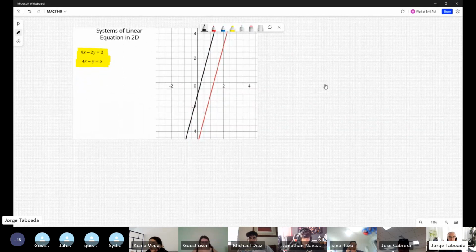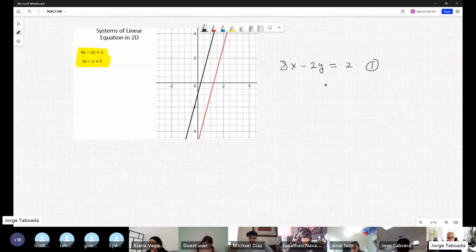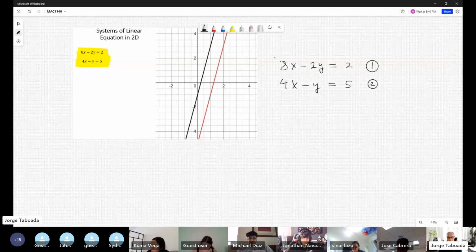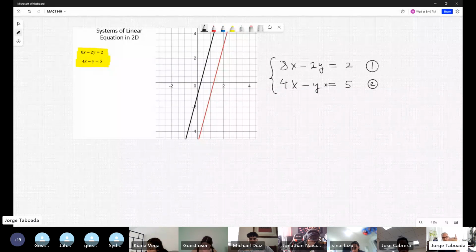I want to copy 8x minus 2y equal to 10, this is the equation I want to call number 1, and 4x minus y equals 5, equation 2. This is my system. I put it in the curly bracket because this indicates that these two equations belong to the one system, the combination of equations, no?